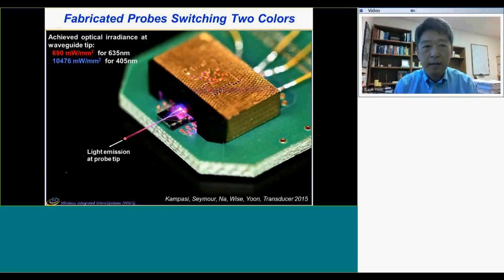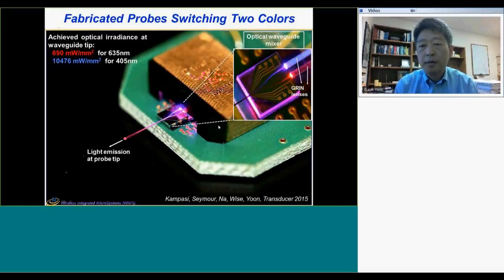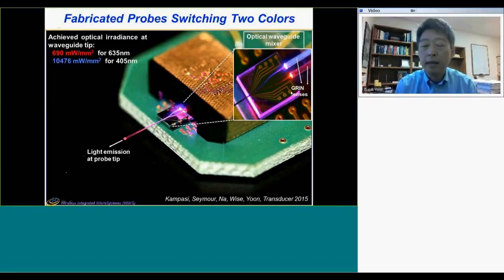This is the fabricated first prototype device. We integrated LDs in the back. This is a cap to cover the illumination site. This is the probe, and this is actually not an optical fiber; it's a GRIN lens, and the LDs are sitting in the back.